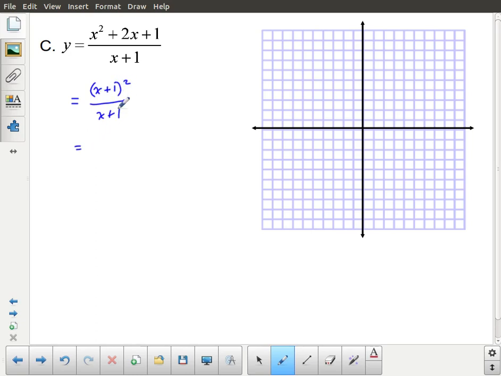If you're not comfortable with the idea of dividing out common factors, you might want to go to this, or you might want to rewrite it this way. And now, from this step, x plus 1 goes into itself one time, x plus 1 goes into itself one time.